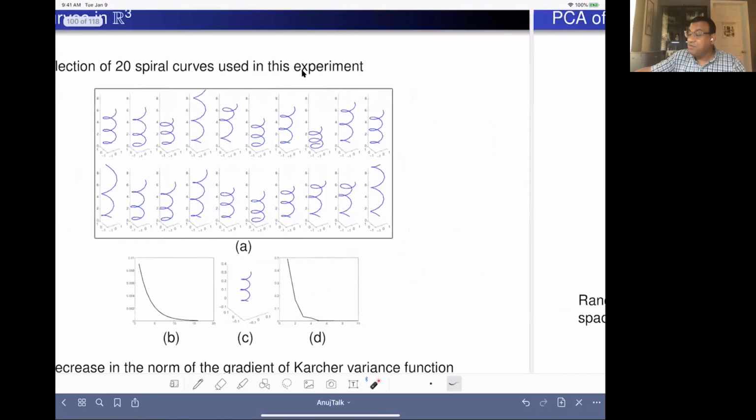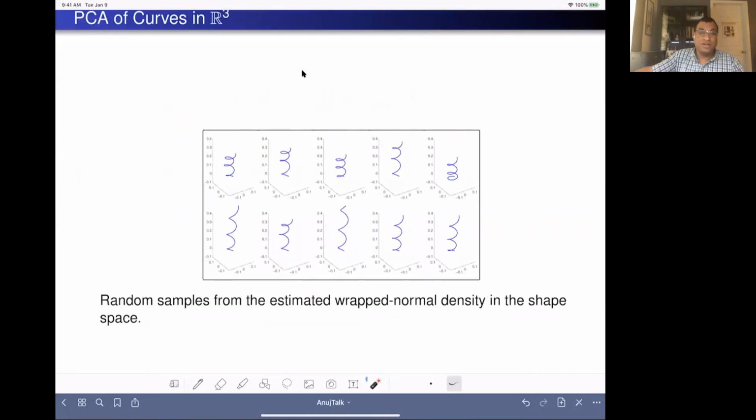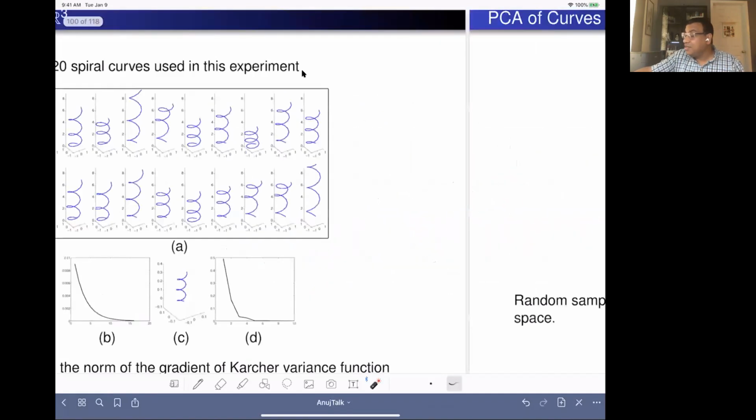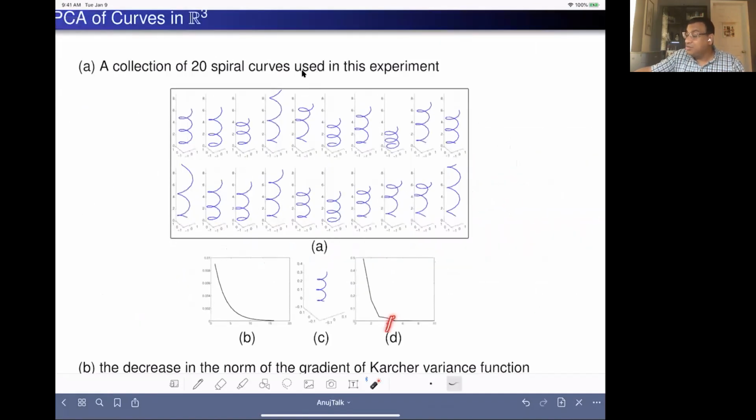And I imposed a very naive Gaussian model on these coefficients, and I regenerated curves. And I visualize these original curves, and I get these random curves, which look quite realistic. And sometimes I can do this by just using 3-4 coefficients. I don't have to use all of them, even though the curves have 100, 200 points on them, they are very high dimensional curves.